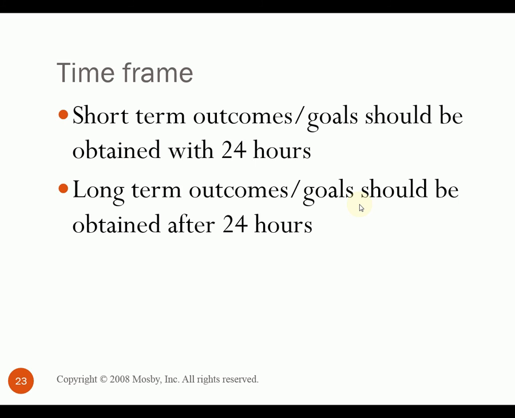Those are your long-term goals. Now, the time frame is set for patients who are in acute care hospitals. If you have someone who's in the nursing home, in rehab, or in psychiatric settings, your short-term goals are much longer than a 24-hour period.